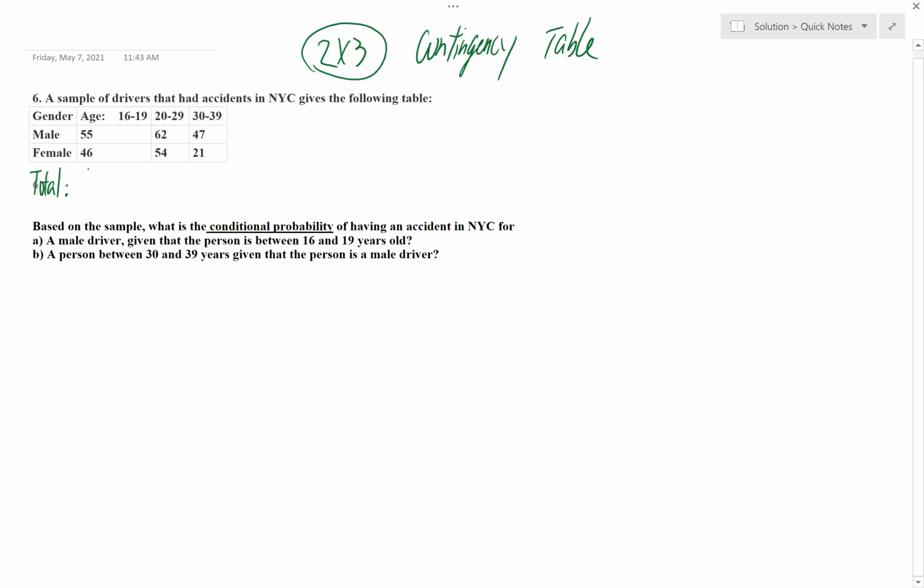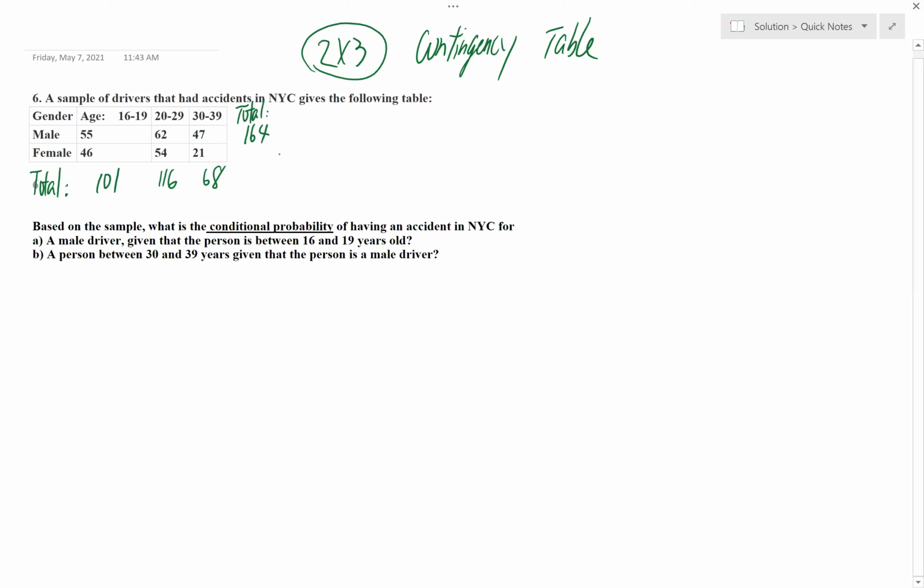For age 16 to 19, when you sum up those, it's 101. And the second age group, 20 to 29, if you add up those, it's 116. And the third age group, 30 to 39, 47 adding 21, that's 68. And we can also sum up the total on the row, right? First row, males, we're adding all the males. So 55 adding 62, also adding 47. And this turned out to be 164.